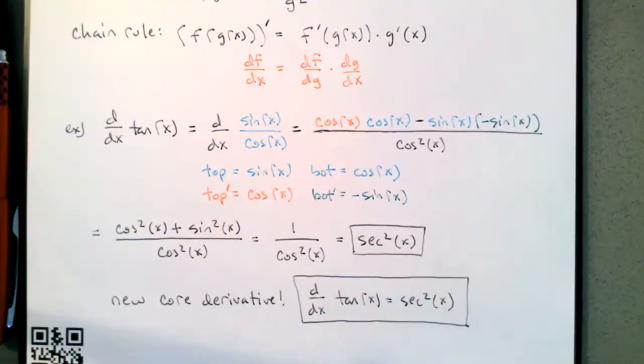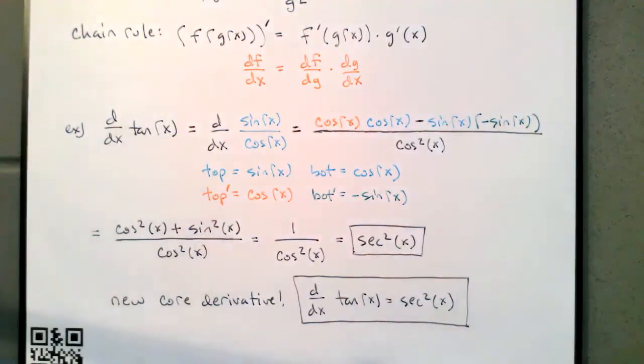So that means now that we know that the derivative of tangent is secant squared, we can now have tangent appear in our chain rules and our product rules and our quotient rules. So let's start coming up with some functions involving tangent and product rule, quotient rule, and chain rule.